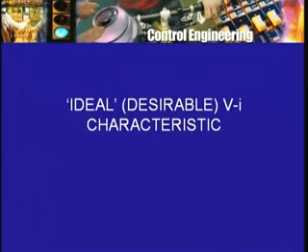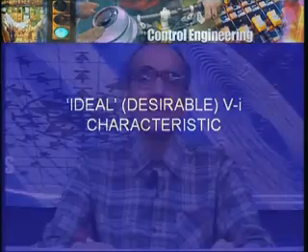Of course, it's ideal in a different sense also. That is, if you could have something like this, then perhaps other things would be very simple. So in that sense, this is also desirable. And it is true that when you talk about a power supply, the power supply should be such that no matter what current you draw from it, the voltage should be guaranteed to remain at some definite value.